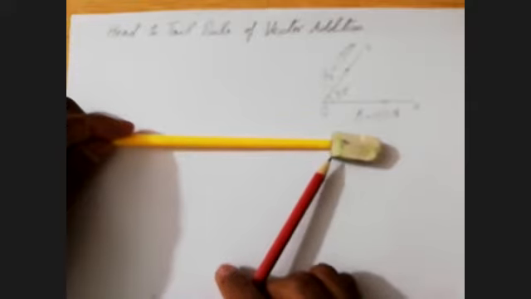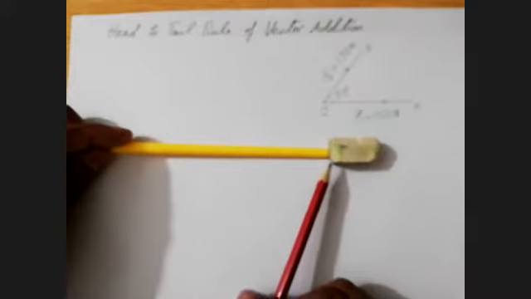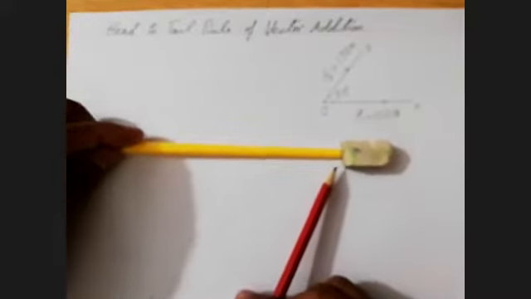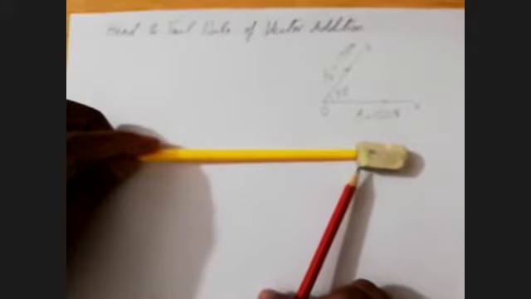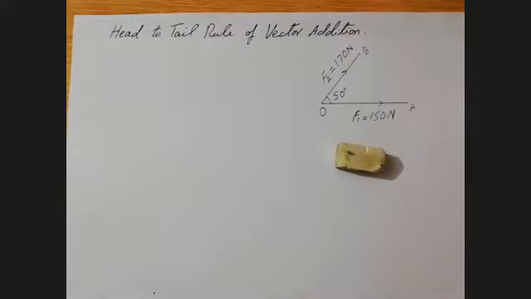One force is 170, which I am showing with the help of a red pencil, and the other force I'm showing with a yellow stick. You can see that these two forces are being applied. One is dragging it rightward, and the other is dragging it in a slightly upward direction. So under the action of these two forces, where will this body go and what will be the angle of the resultant? We have to see this.